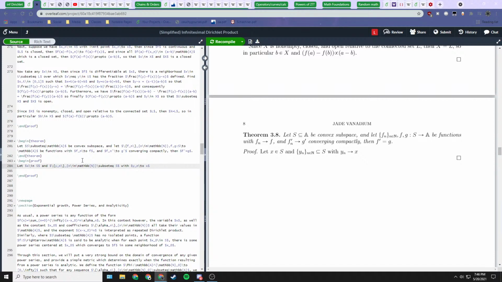So S is a convex subspace. Okay, so we're going to take some sequence y sub n converging to x, then we're going to try to find a compact set.